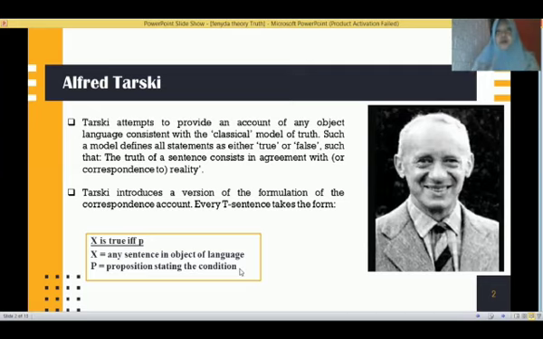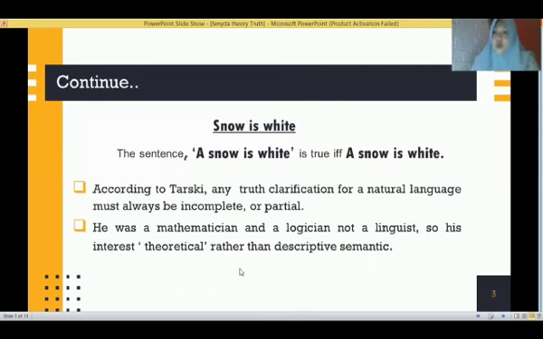X is true if P, we can look at the example. The sentence "snow is white" is true if snow is white. It means that the sentence "snow is white" is true if snow is really white.